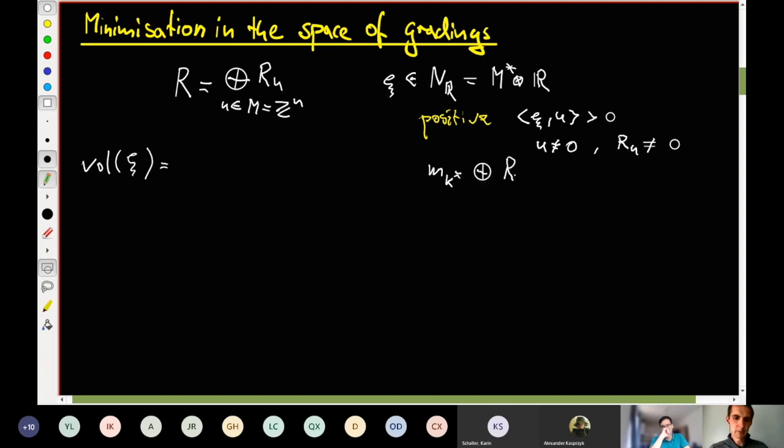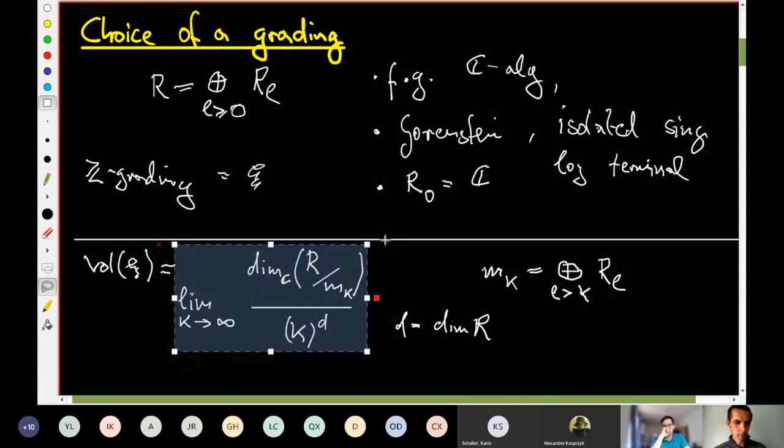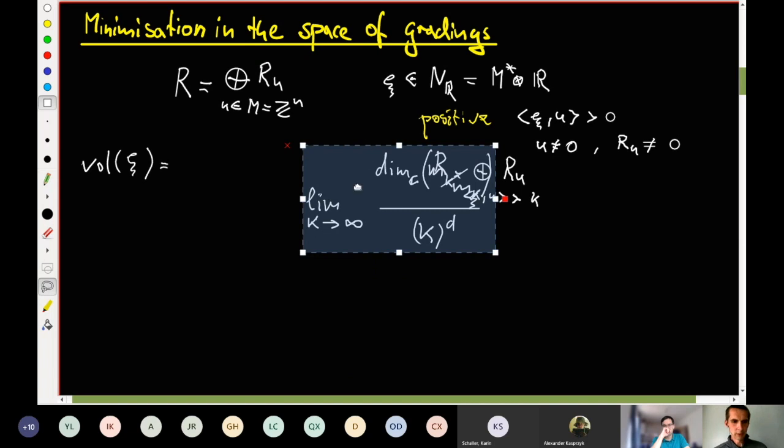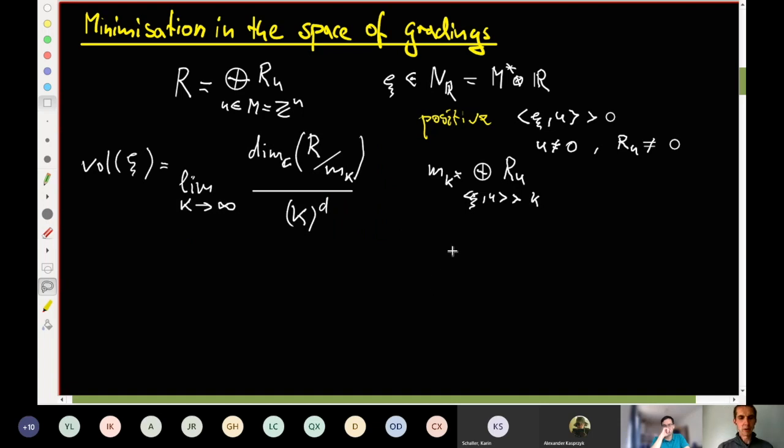So we take the sum over all R_u, but this time such that the pairing of psi with u is strictly larger than k. And then I just copy my old definition. So I can literally do this. I indeed copy the definition we had before, just we had to adapt the definition of our ideal m_k to this new situation.